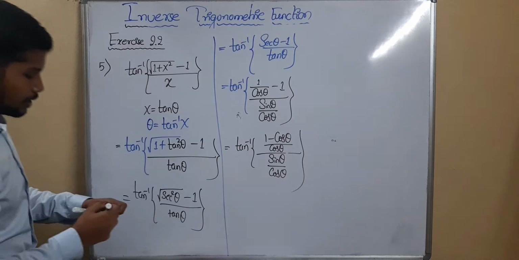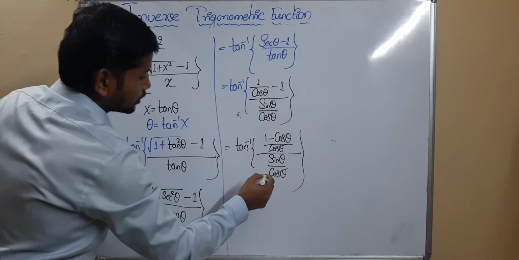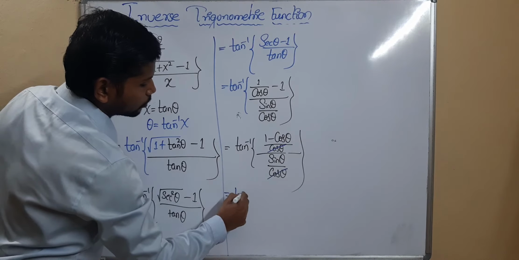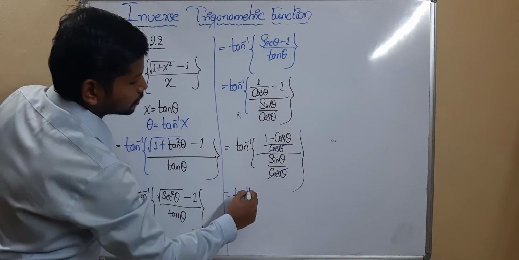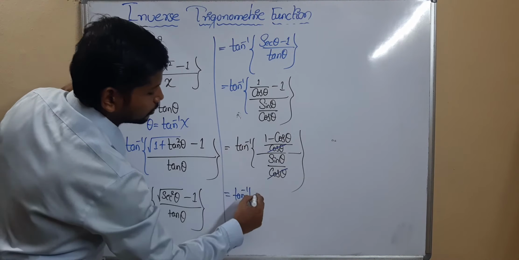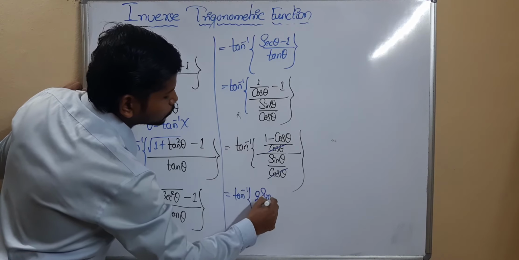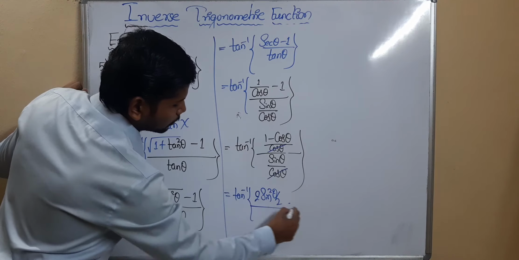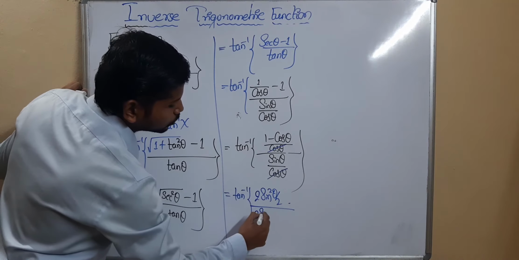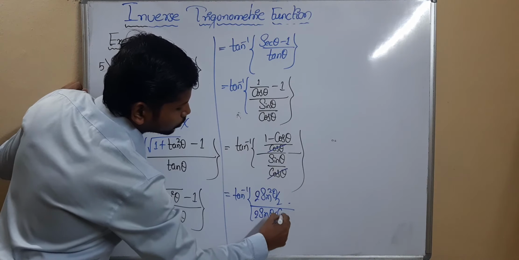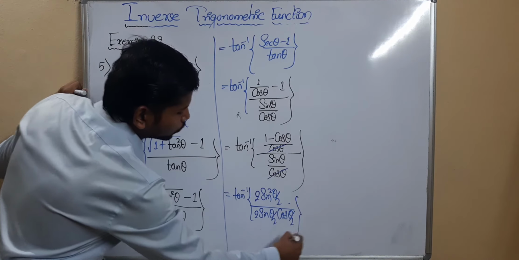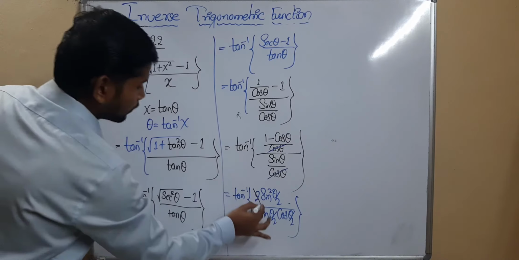Got the point clearly? Here cos theta will be cancelled. Tan inverse of, what is 1 minus cos theta? Yes, exactly, 1 minus cos theta is 2 sin square theta by 2. Submultiple angle formula: sin theta is 2 sin theta by 2 cos of theta by 2. Now 2 will be cancelled.